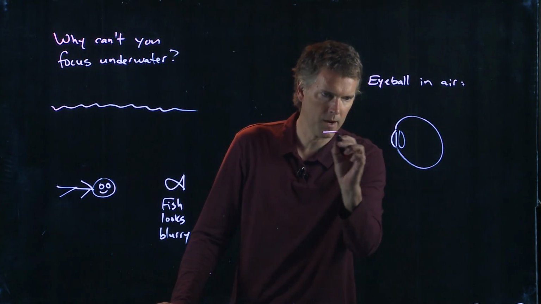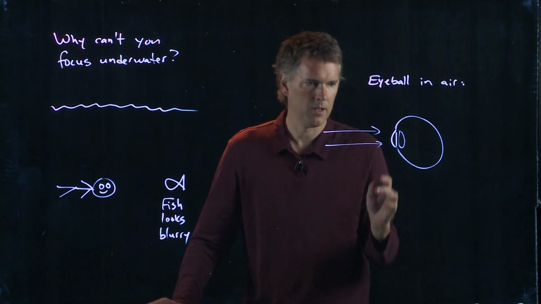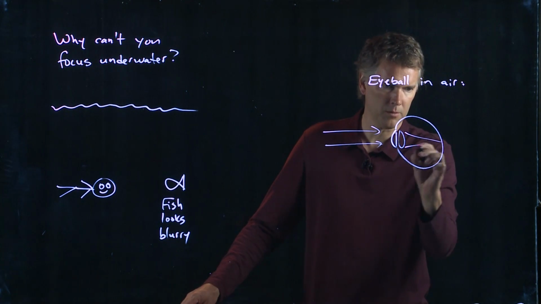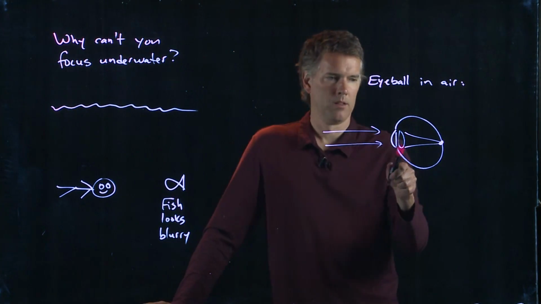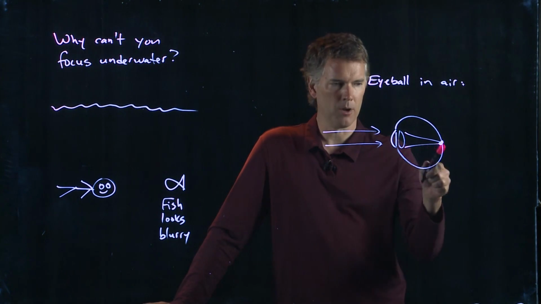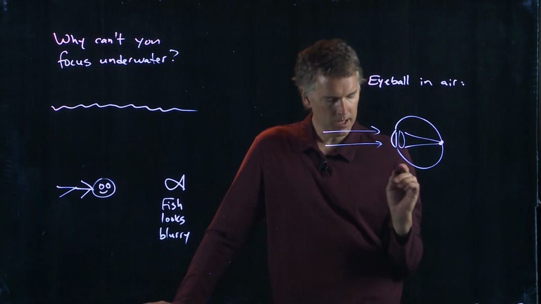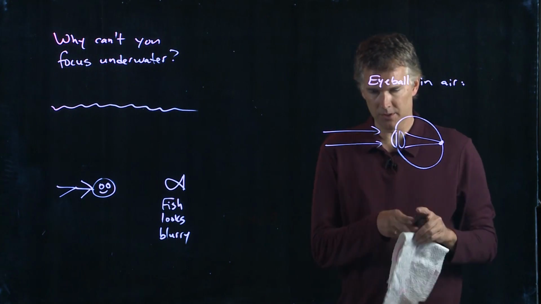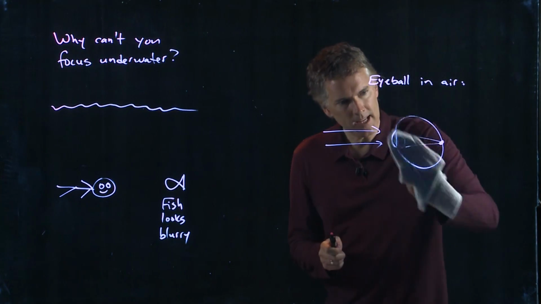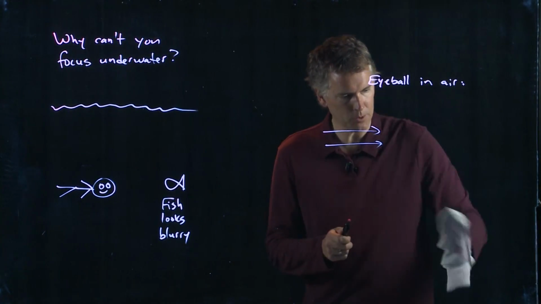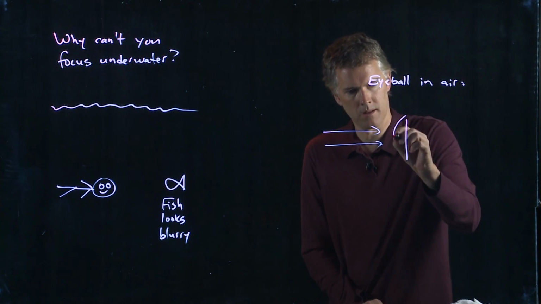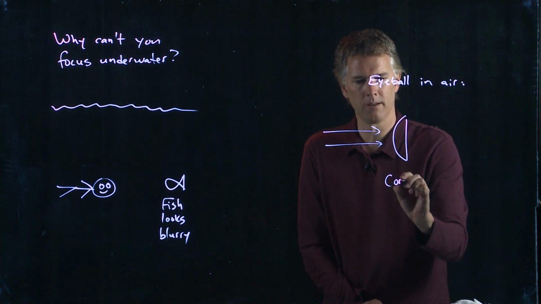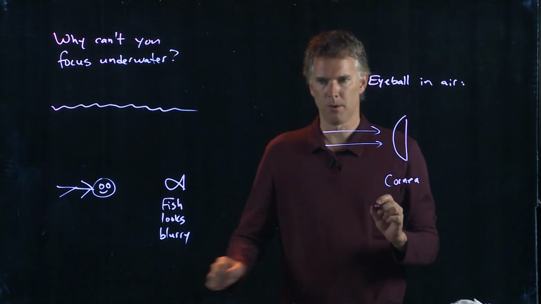And when parallel rays come in, they are focused to a point at the back of the retina, at the back of your eyeball. But let's draw it in a little more detail to see what happens in this bending at the cornea. This is the cornea of your eyeball.